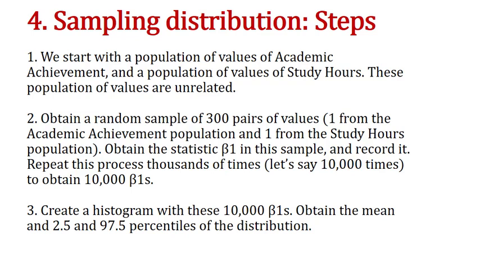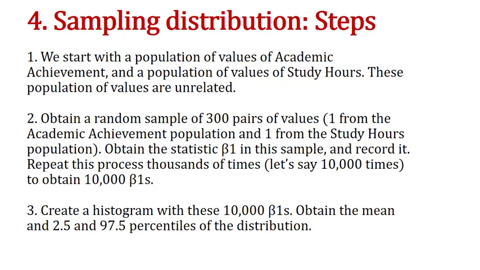So we've obtained these 300 pairs of values randomly. And now that we've got these 300 pairs of values, we can obtain the beta 1 statistic in this sample of 300, and we record that beta 1.